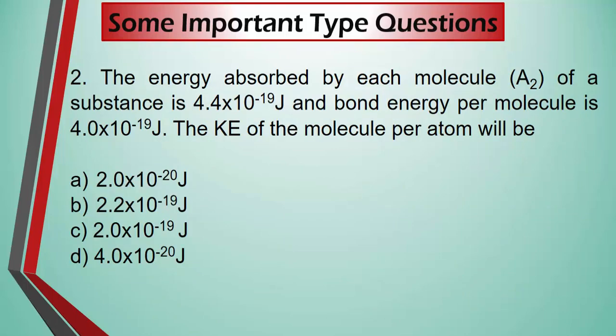Now let's take up the second question. The energy absorbed by each molecule A2 of a substance is 4.4 into 10 to the power minus 19 joule, and bond energy per molecule is 4.0 into 10 to the power minus 19 joule. The kinetic energy of the molecule per atom will be.